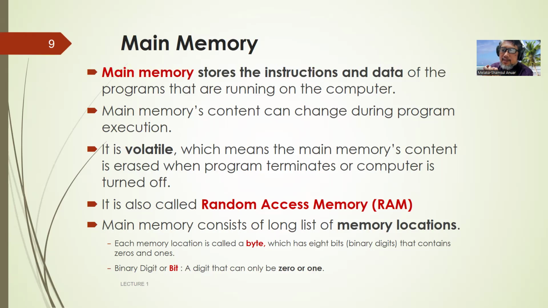Main memory's content can change during program execution. It is volatile, which means the main memory's content is erased when the program terminates or the computer is turned off. Okay, that's called volatile. So a lot of things depend on whether the computer is on or off. It is also called random access memory, or RAM.